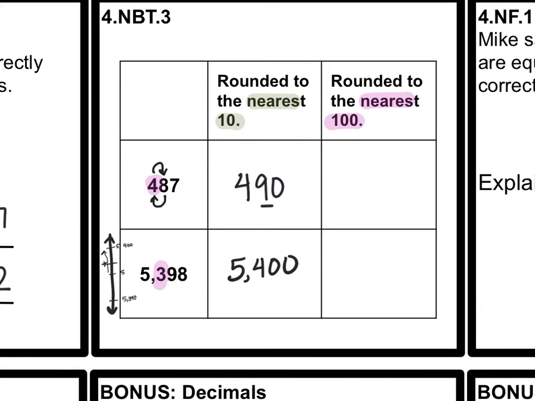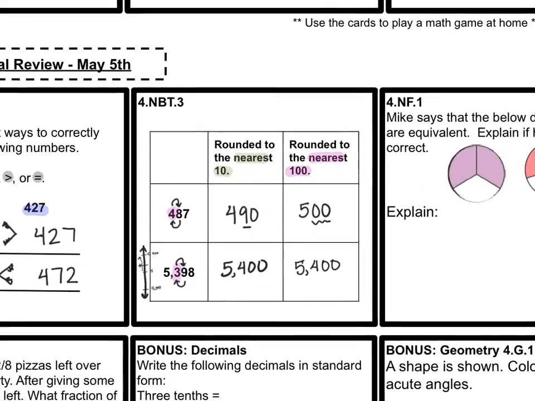Because the 8 is 5 or more, it's going to up that 4 score to 5 and make the rest of the numbers 0 for 500. At the bottom, the 3 is now looking at the 9 to tell it what to do, and the 9 is going to tell the 3 to up its score because that 9 is a 5 or more. So the 3 ups its score then to also 400. So this number is getting rounded to 5,400 twice, even though they're in 2 separate place values.